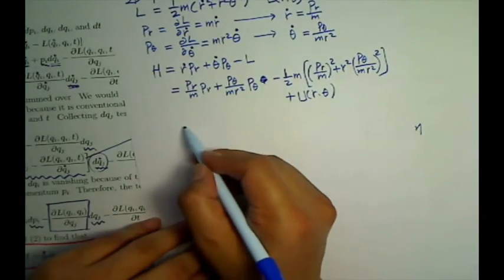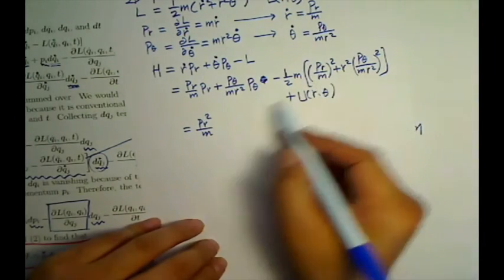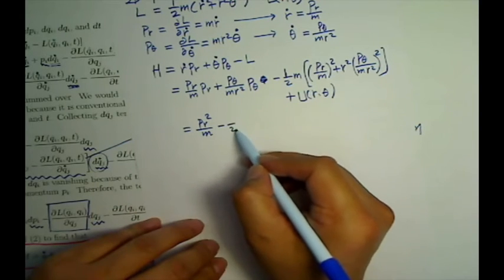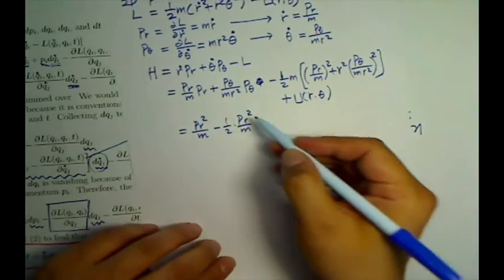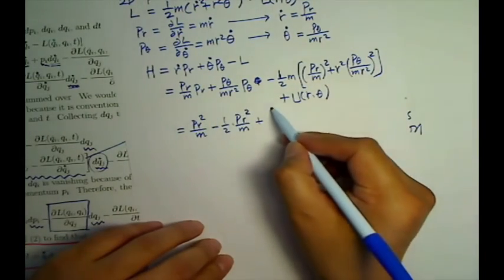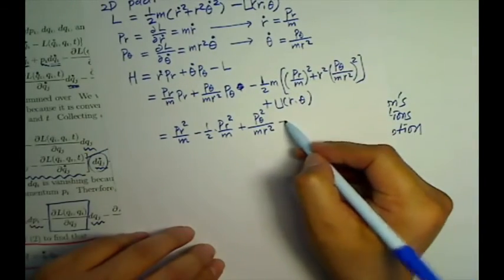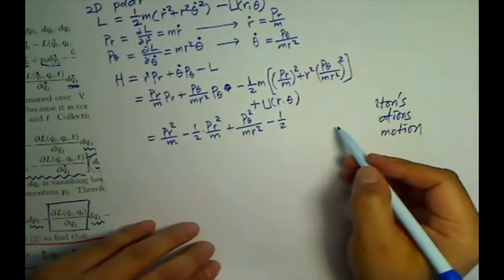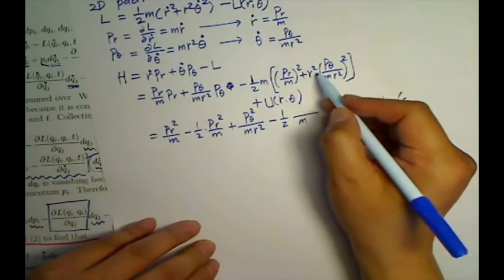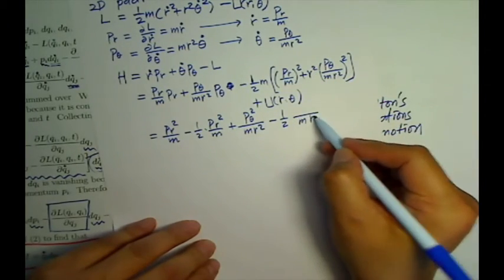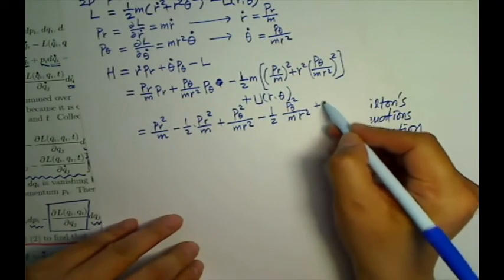We have p_r squared over m minus 1/2 p_r squared over m. We have p theta squared over m r squared minus 1/2 p theta squared over m r squared, plus potential energy.